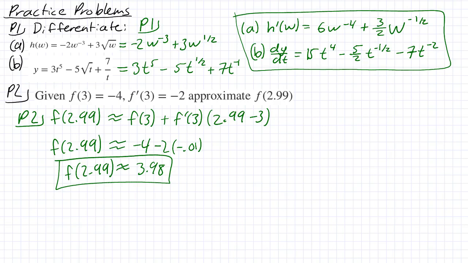And here are the solutions. So for h of w, I started by rewriting the function like this, just taking the square root and writing it as w to the 1/2. And same thing over here, the square root of t is t to the 1/2, and 7 over t is the same thing as 7 times t to the -1.